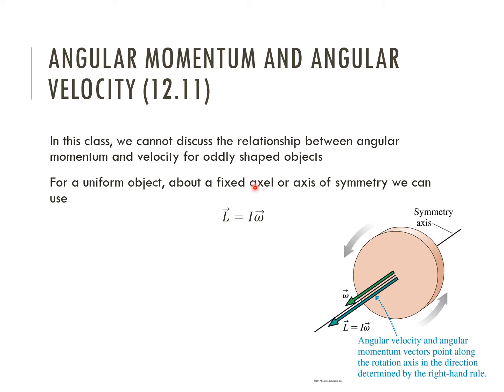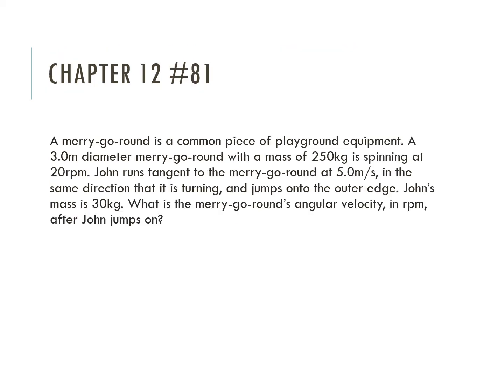So that can be something with a hinge, like a door or something like that. So here we can see that if we're using the vector representation of angular velocity, the angular momentum will point in that same direction, for the same reason velocity and momentum point in the same direction. The mass can't change that direction.